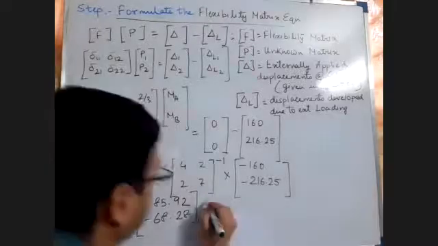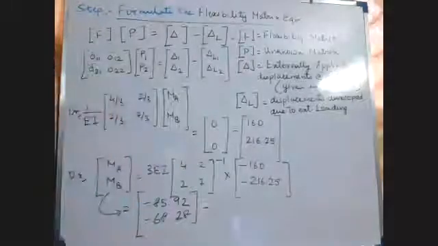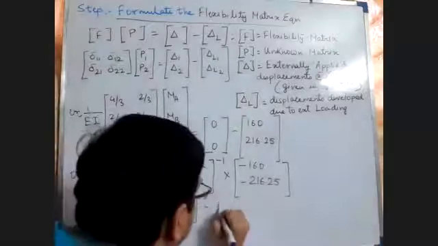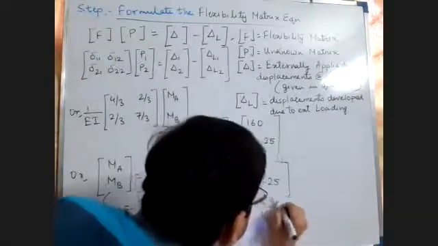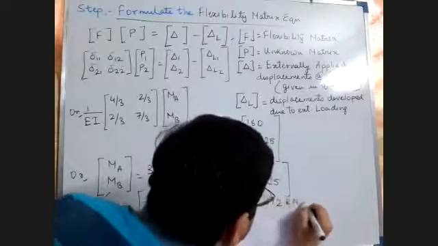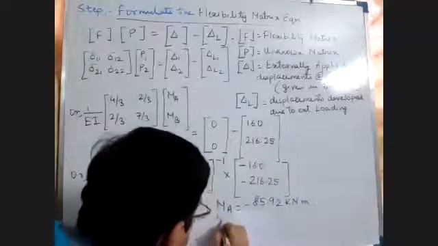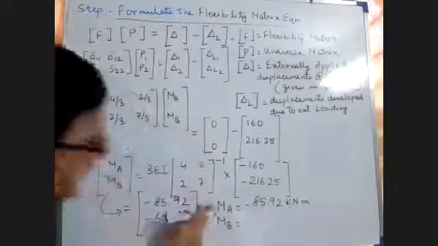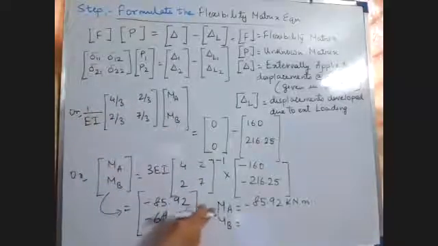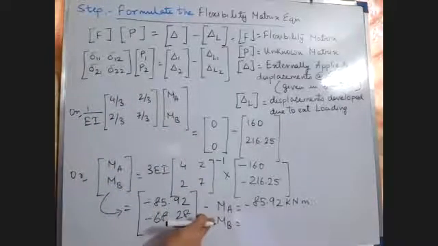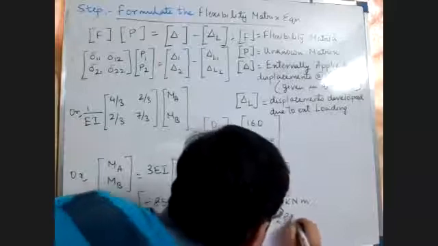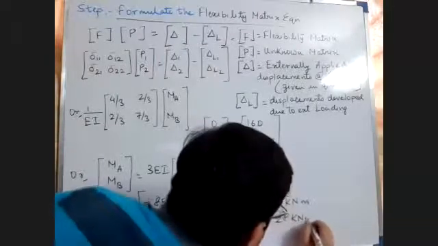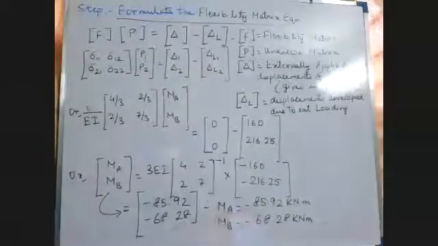So therefore, we will write down moment A is -85.92 kilonewton meter, which was unknown. If you remember, MA and MB were the two parameters or two unknowns which we assumed. So MA and MB we have got.